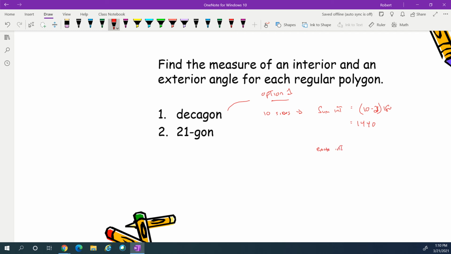Each interior, 1440 divided by 10 because there are 10 interior angles. Each exterior: 144 plus the exterior equals 180, and we can find that the exterior angle equals 36 degrees.